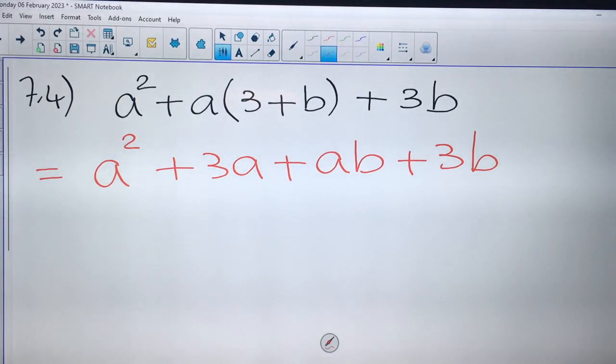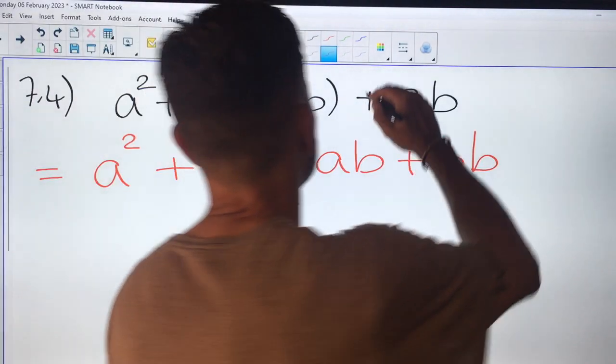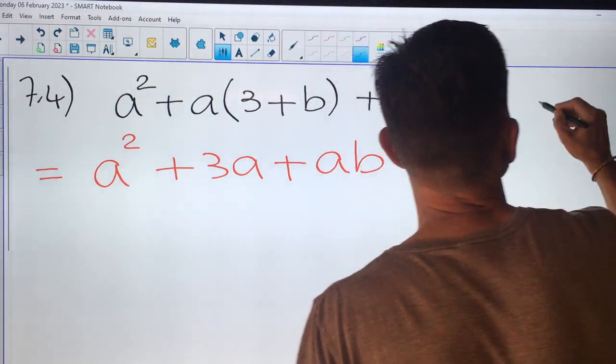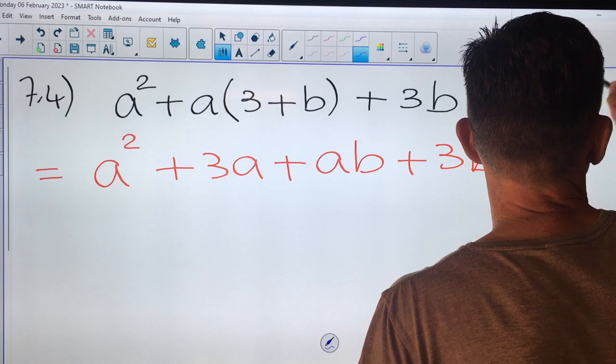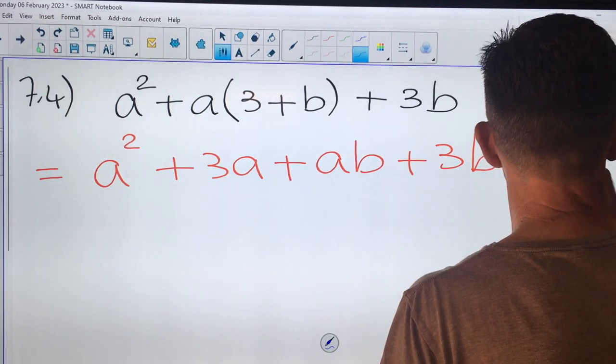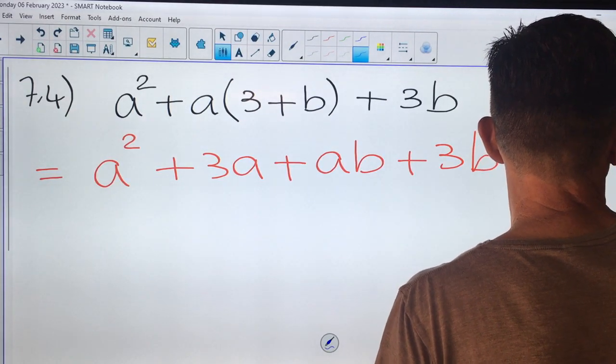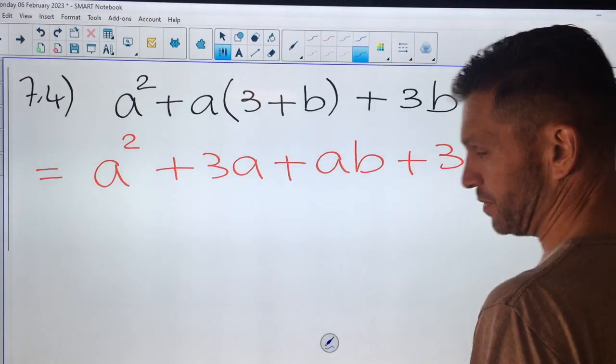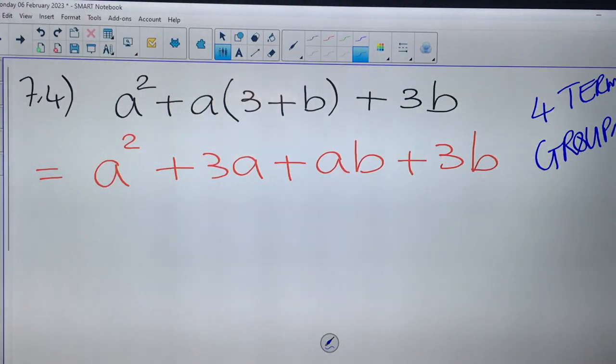So how many terms do we have here? 4. If you see 4 terms, now I know this is still new to you, 4 terms means you have to do grouping.